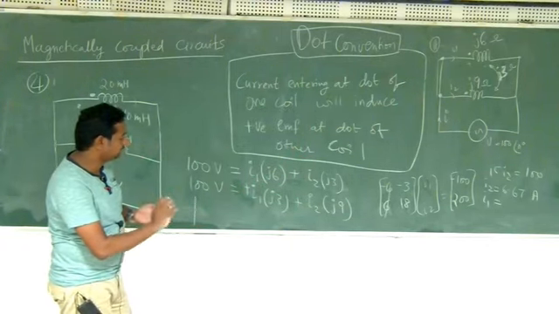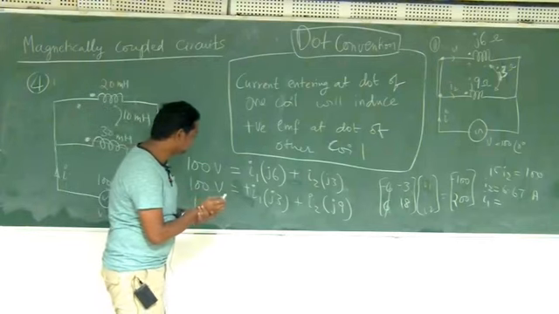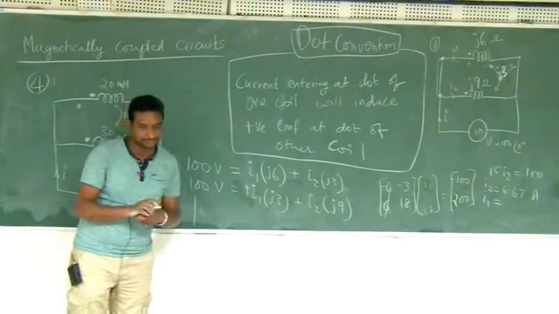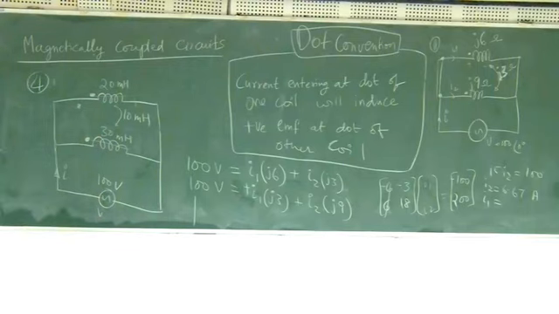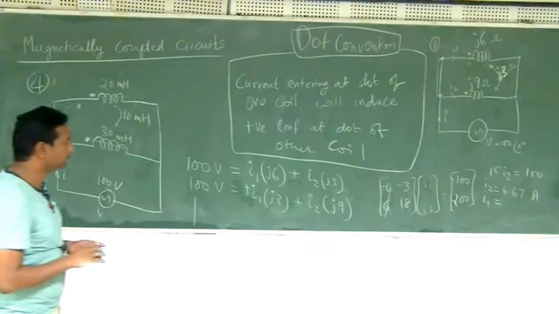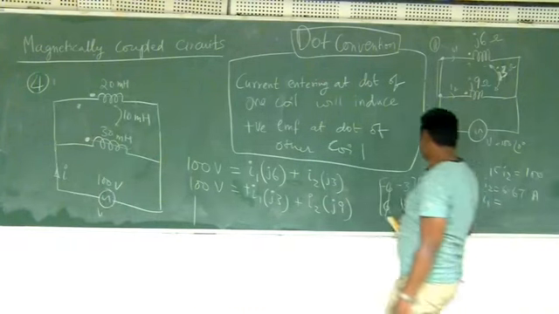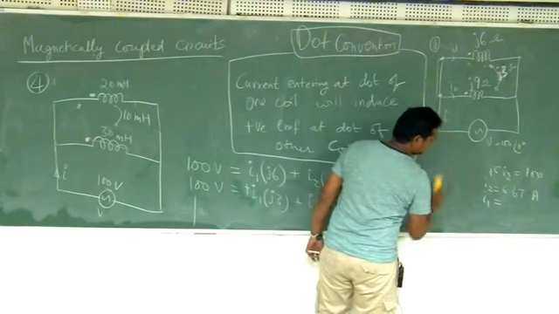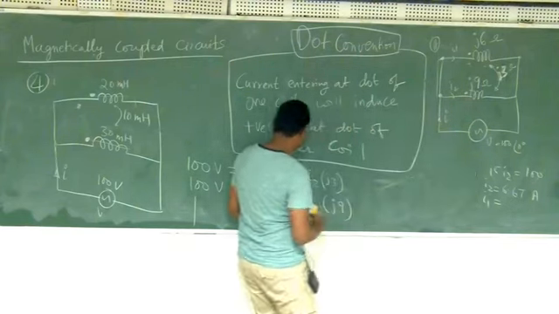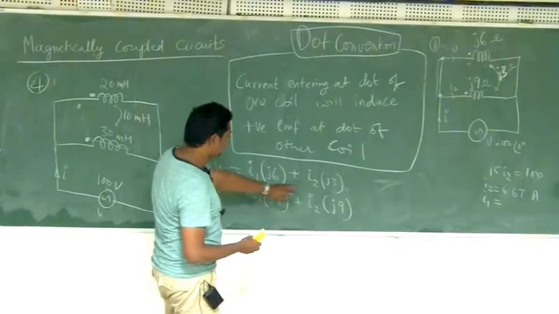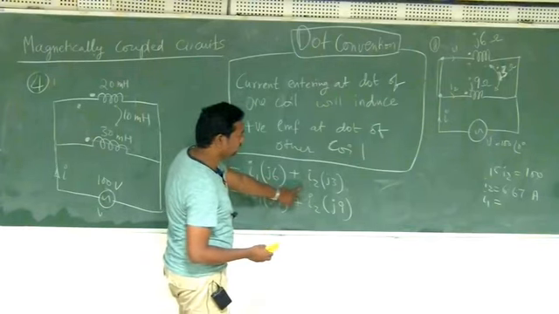How do you calculate I1? I2 is 100 by 15.